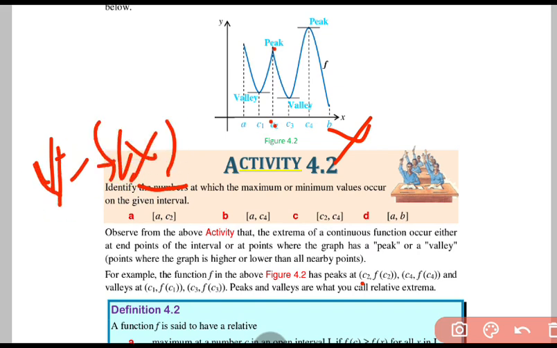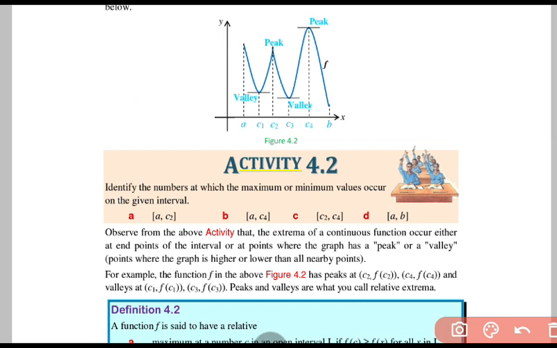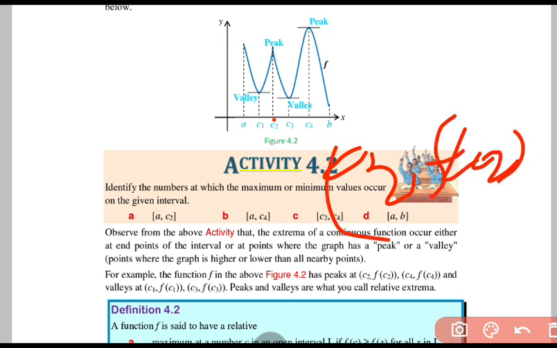According to mathematics, y equals f of x, isn't it? Okay, when we plug in 2, c2 comma f of c2 is around here. It is a peak.